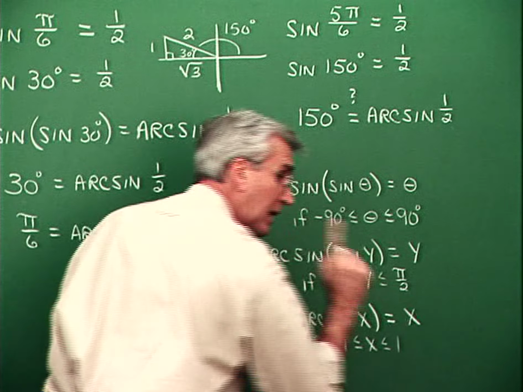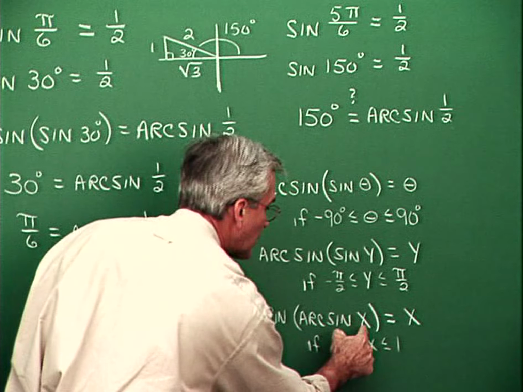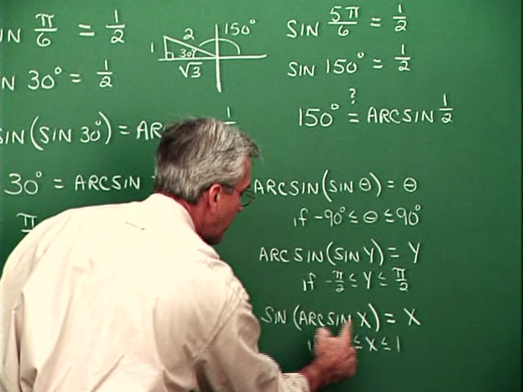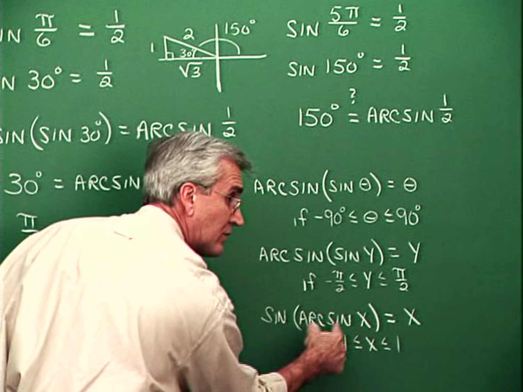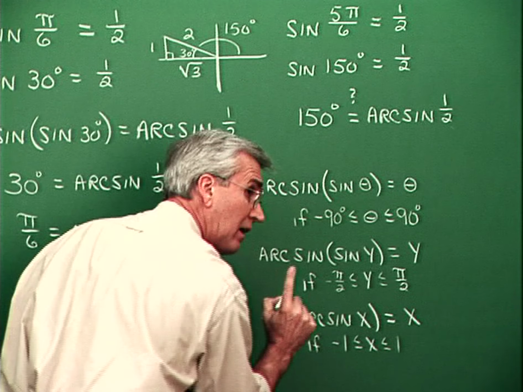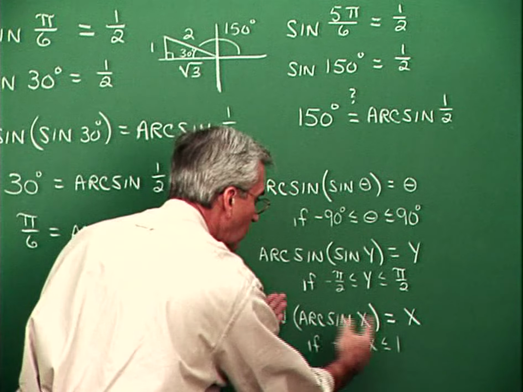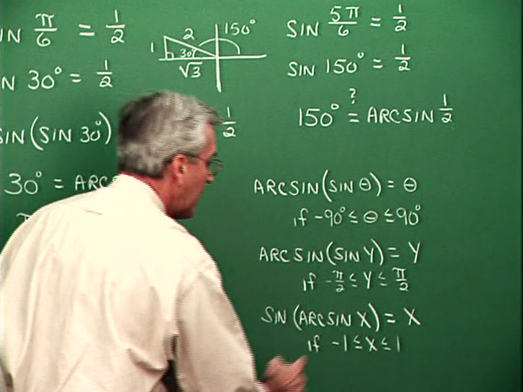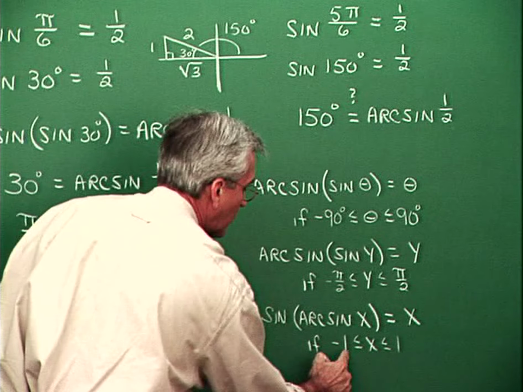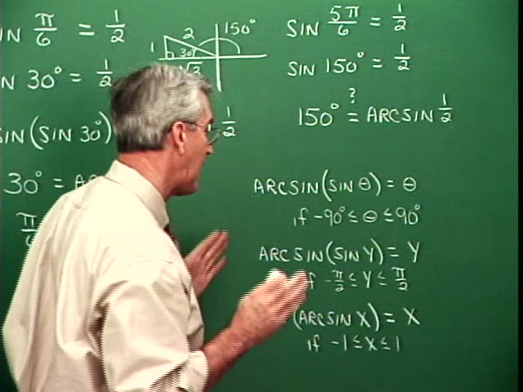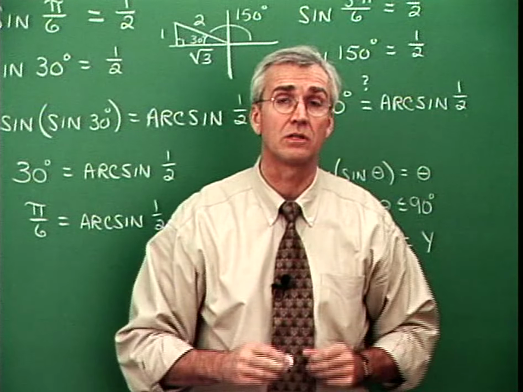We're going to get x, but provided this x falls within a prescribed interval. And that prescribed interval for arc sine, what can we take the arc sine of? How are we limited in that region over which we can take that arc sine? It turns out that the x must fall between negative 1 and 1 because of the restrictions on that inverse function that we originally talked about.